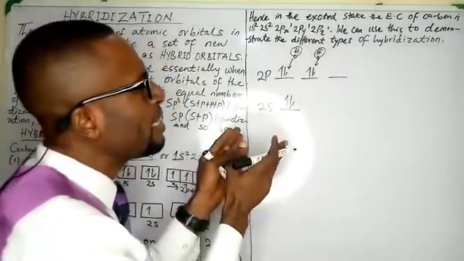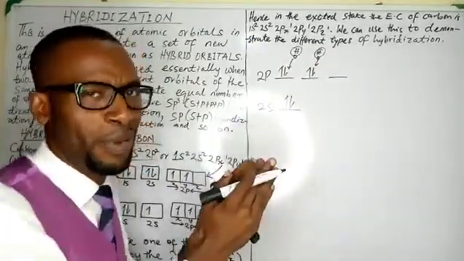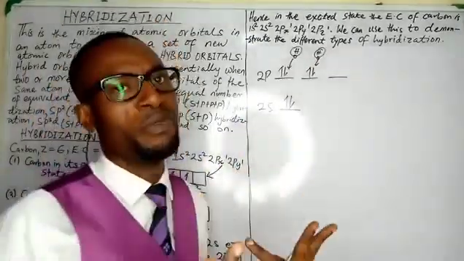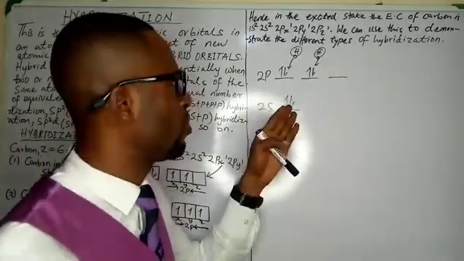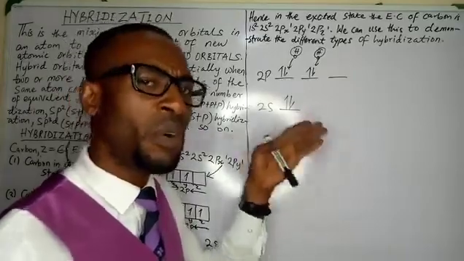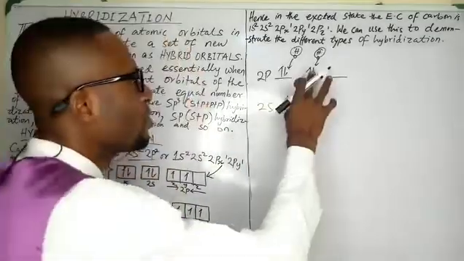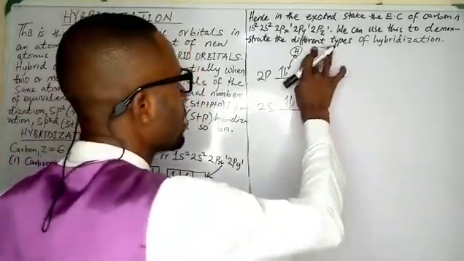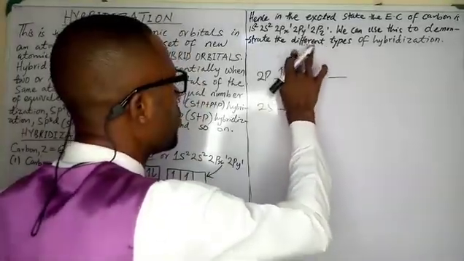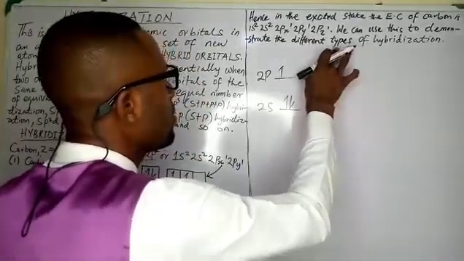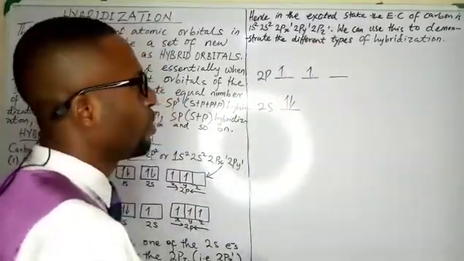So it's limiting carbon to the ability of forming only two covalent bonds, and that's wrong. So this is what valence bond theory told us, but it's limited. Hybridization is bringing in another dimension in the explanation of how carbon makes four bonds with other atoms to form these different simple molecules.